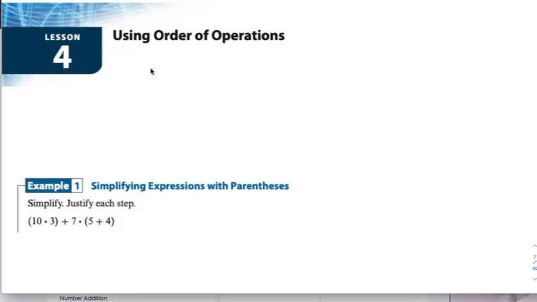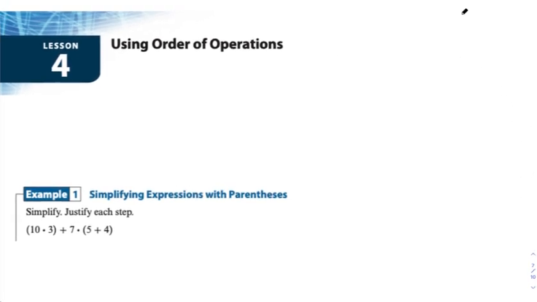The final thing we're going to talk about in this example is going to be using order of operations. We remember what order of operations are, right? Order of operations refers to the order in which we do mathematical operations. And so sometimes we use the mnemonic device PEMDAS, or kind of, what would that be, like an acronym?